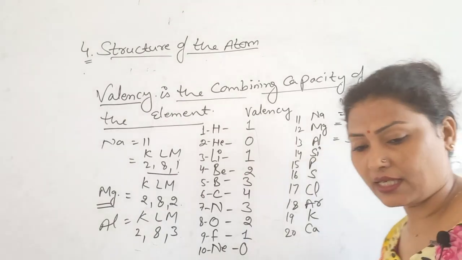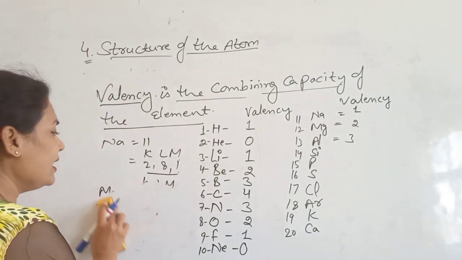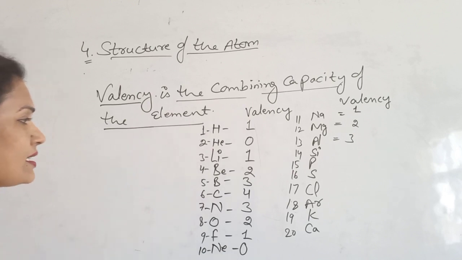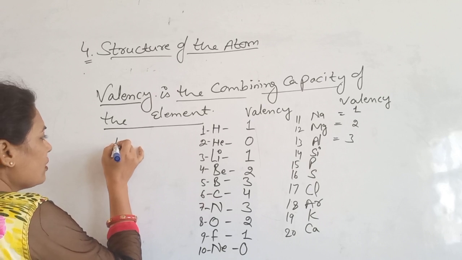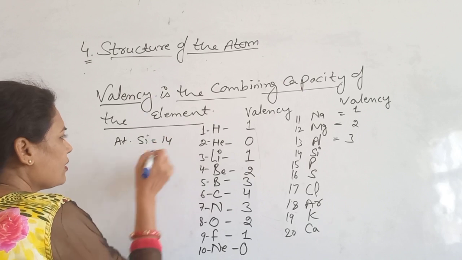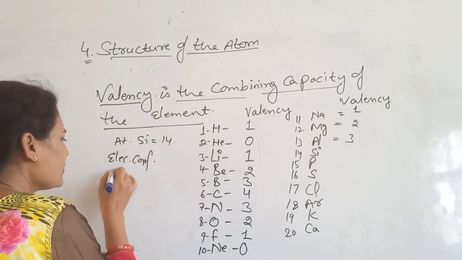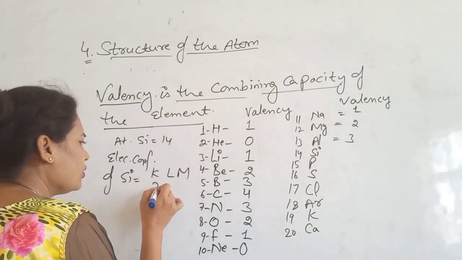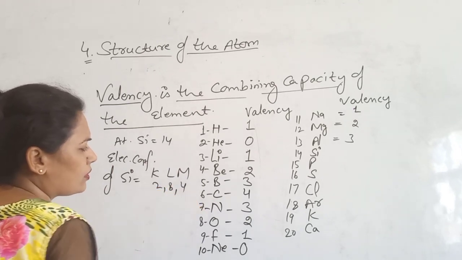After that we can take another example, that is silicon, and we will write the electronic configuration of silicon. Silicon has atomic number 14. We can write the electronic configuration of silicon as KLM 2, 8 and 4.